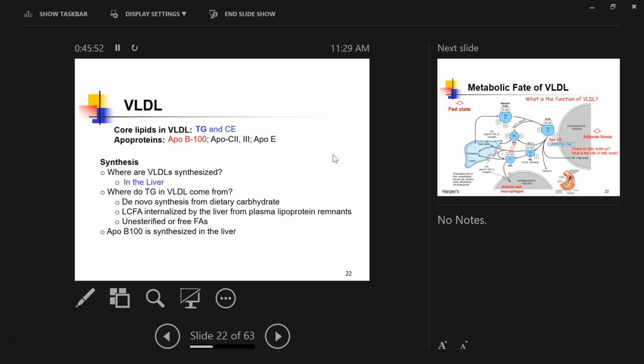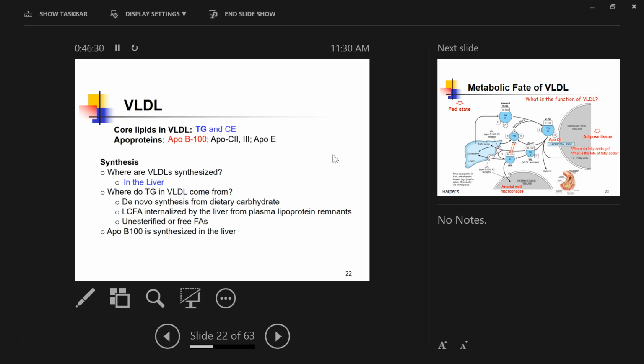When a lot of fatty acids are being mobilized from fat tissue, some of the fatty acids just directly go to the muscle for utilization, for energy, but some of the fatty acids can be picked up by the liver, and the liver then resynthesizes them to triglyceride and packs them into VLDL. So VLDL is then transported from liver to muscle, right?